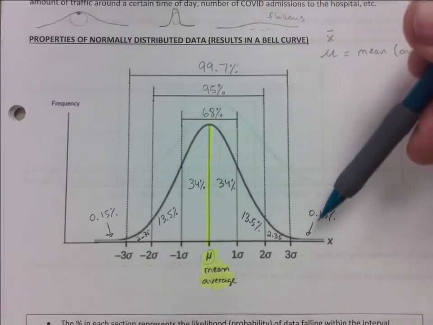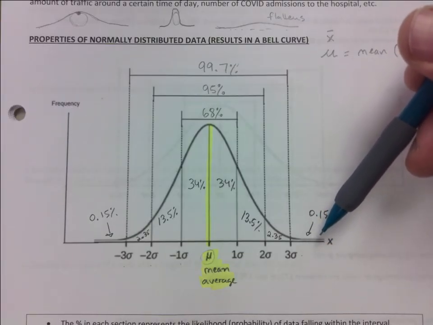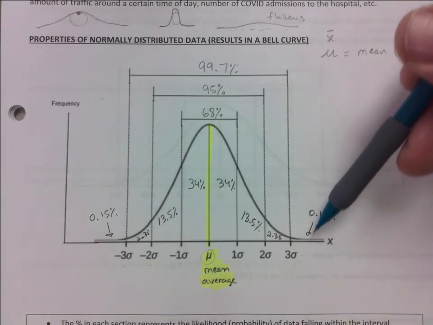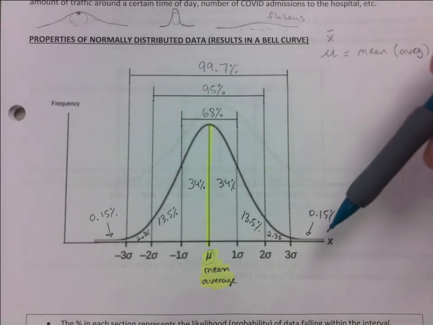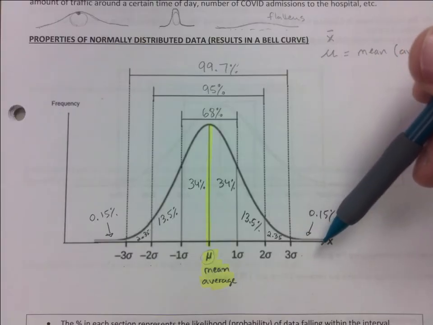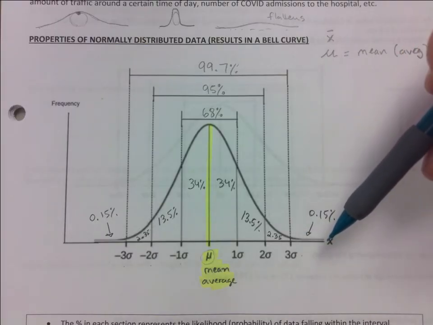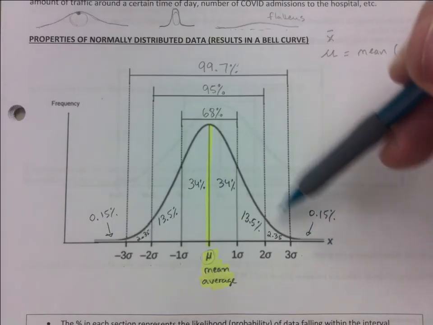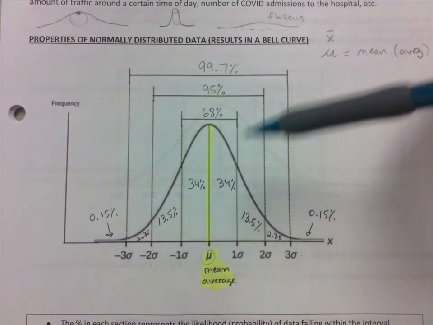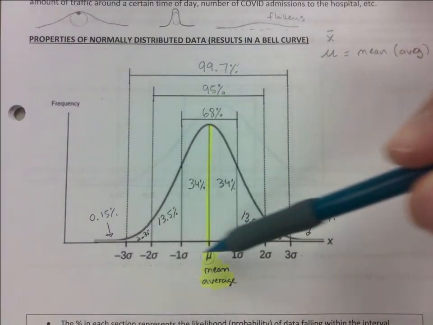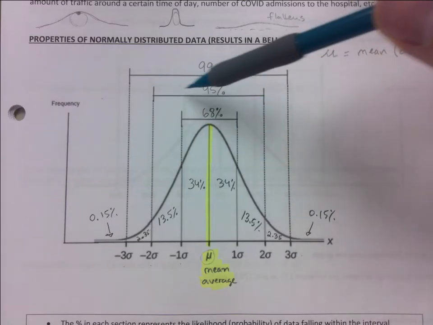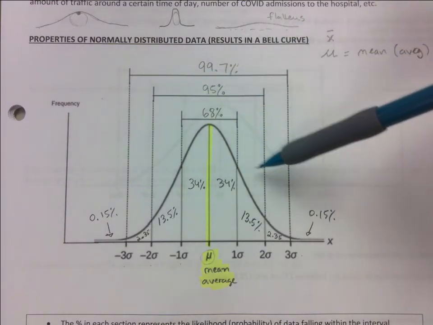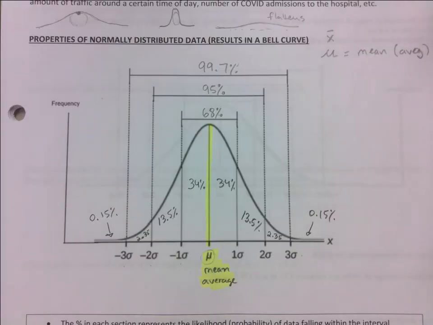Elon Musk would probably be here. Bezos, the Amazon guy, he'd probably be under this little flap there in terms of income, because they make so much more than everybody else, right? So there aren't that many people making that much money, okay? But if you found the average income for everybody on the planet, most of us would fall, so 95% would fall within 2 standard deviations and so forth.